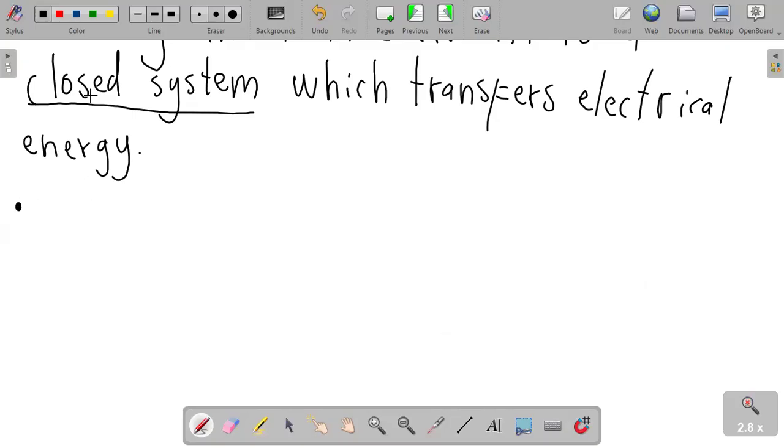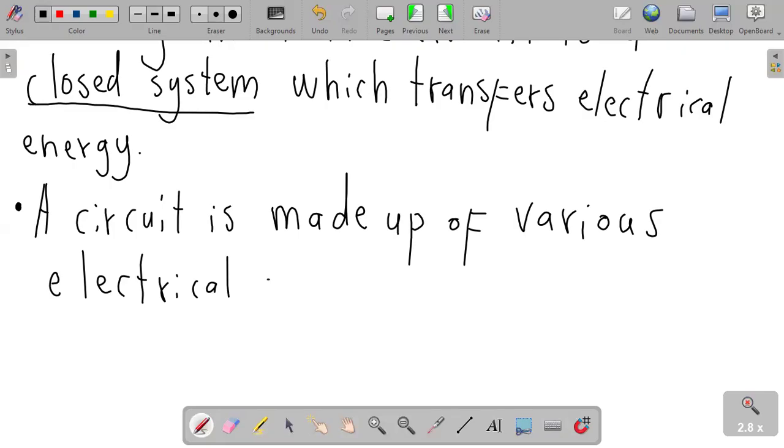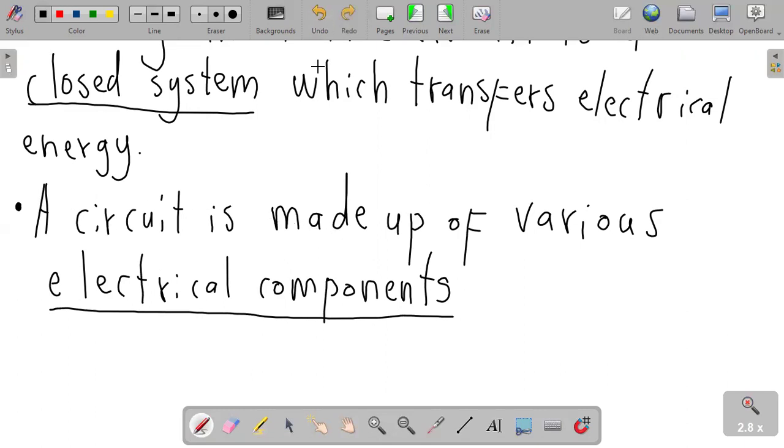A circuit is made up of various electrical components, which we should look at separately.